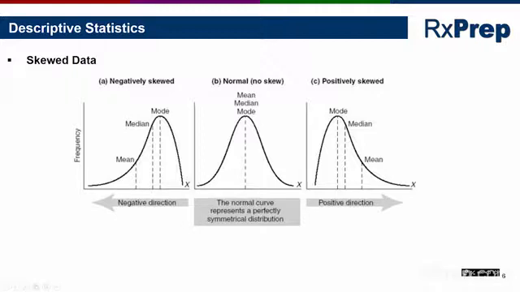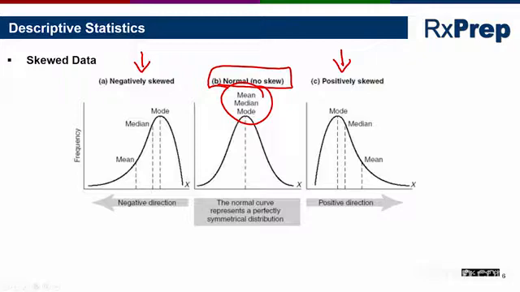So that was normally distributed data, data that's not skewed. Now let's look at data that is skewed, and this graphic is in your book. Of course we're looking at graphic A and graphic C, because graphic B has no skew. That is normally distributed, and we just described how the center represents your mean, median, and also your mode, but we talked about how that's not commonly used in biomedical literature.